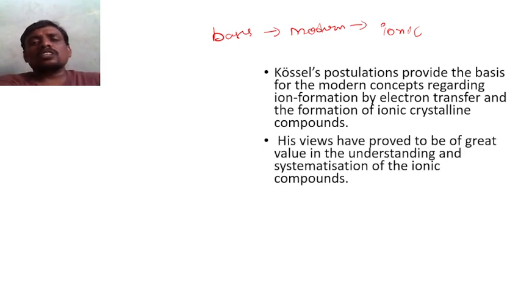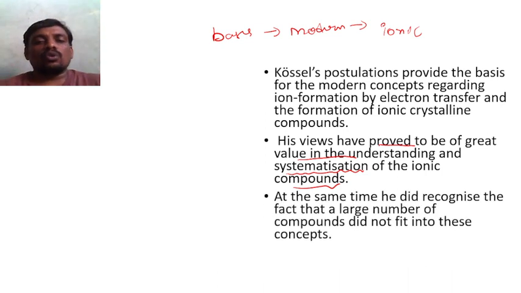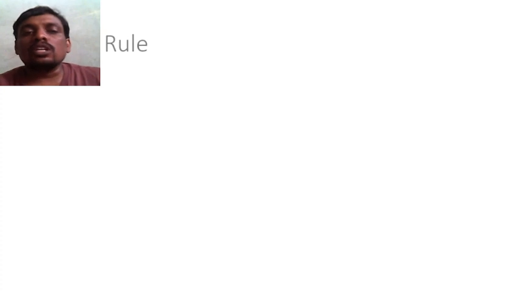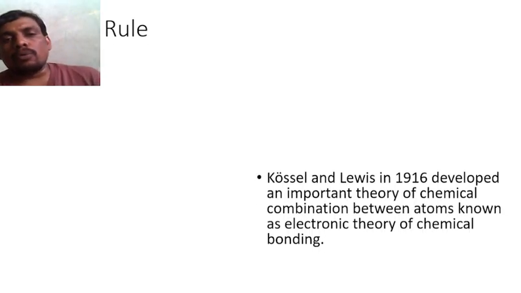Ionic crystalline compounds I will explain in further topics. Kossel's view proved to be of great value in understanding and systemizing how ionic compounds are formed. At the same time, he recognized that a large number of compounds did not fit into these concepts, which are applicable only to some elements and compounds.